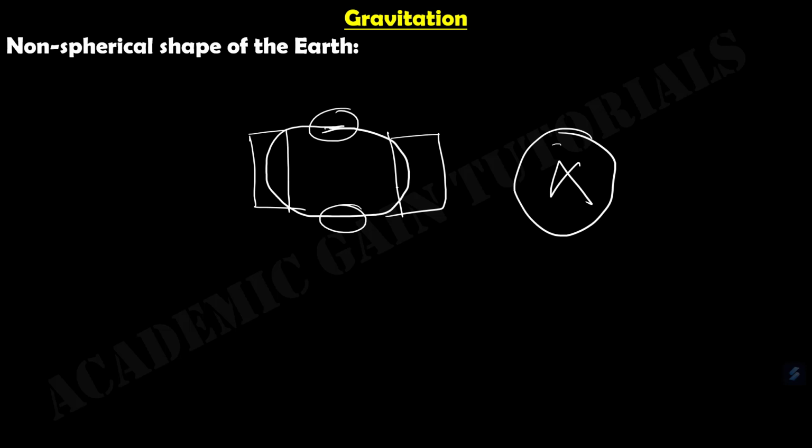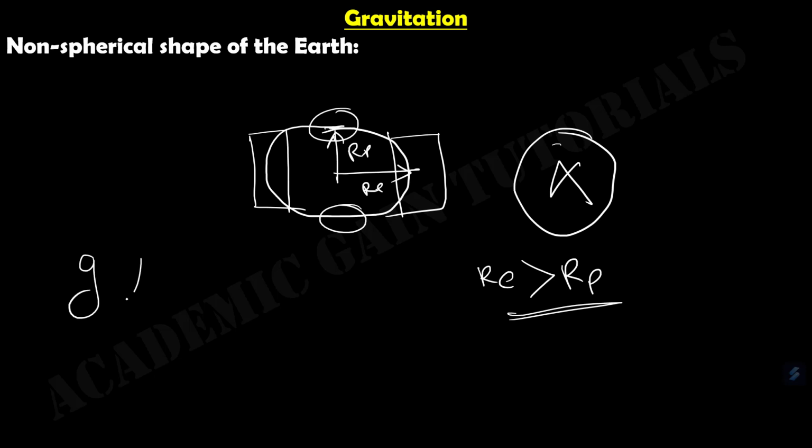Hence the equatorial radius is slightly more than the polar radius. Suppose we take this as r of e, the equatorial radius, and this as r of p, the polar radius. Now we know g at a place is inversely proportional to the square of the radius of the earth.